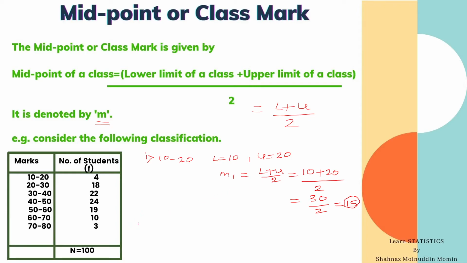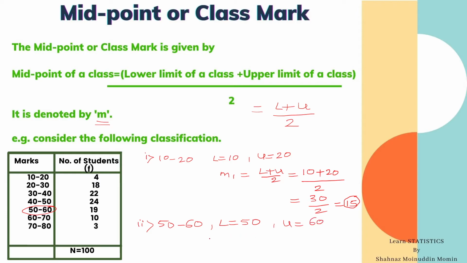Similarly, we can calculate the midpoint of the class 50 to 60, as here the lower limit is 50 and the upper limit is 60.